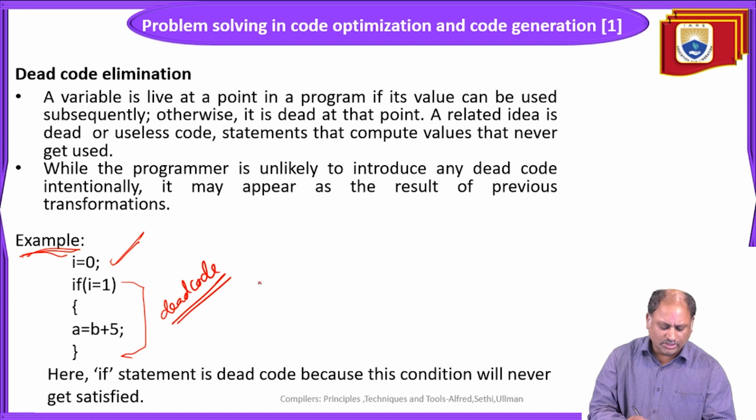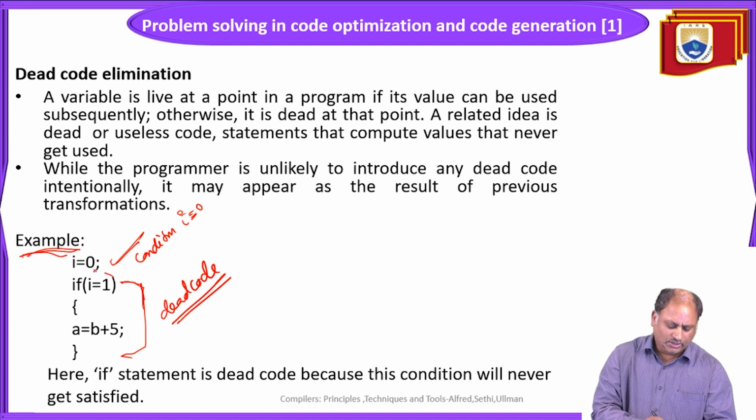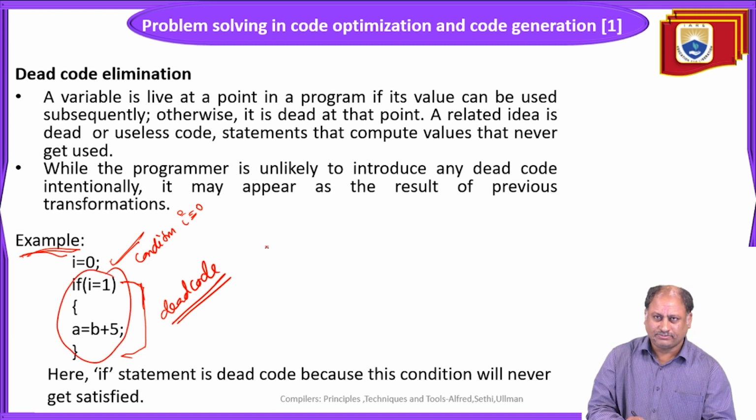This condition never executes. We are saying that the condition I equal to 0 indicates that the I value is already assigned, so the condition is false. Then there is no chance of evaluating it. It cannot come to this, and this part of the code can't be executed.